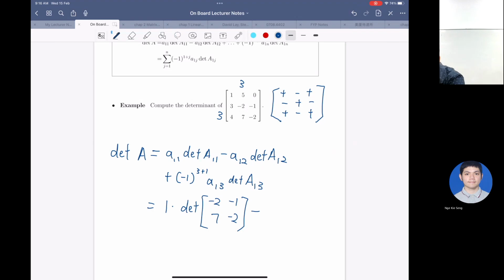And then take away A12, where A12 is 5. And then multiply by the determinant of the A12 minor, which is 3, minus 1, 4, minus 2. And then plus A13, which is 0. How do we get this minor here? You get 3, minus 2, 4, 7.